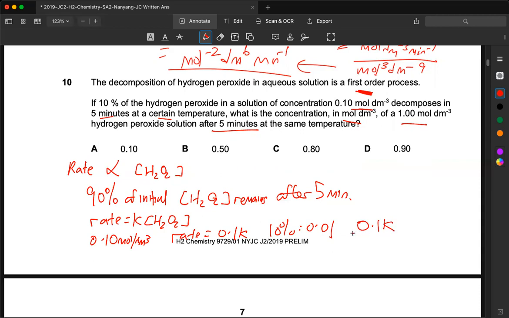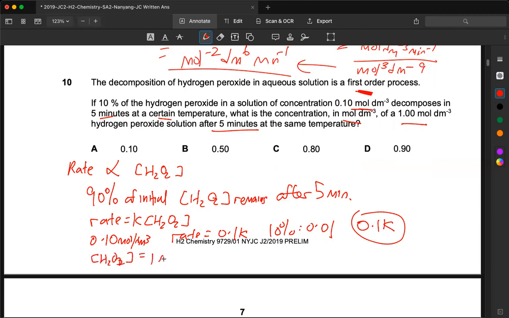So at the rate of 0.1 k, it will take 5 minutes to use up 0.01 mole per dm cube of H2O2.